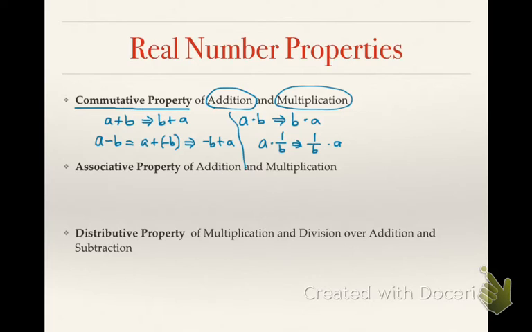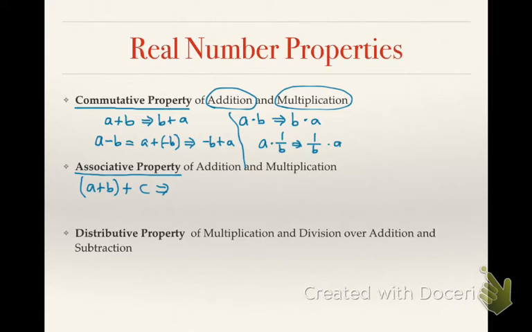The next property is the associative property of addition and multiplication. Associating means you're changing where the parentheses are in the problem. You're associating different terms with each other. So if you had something like A plus B added to C, you can associate those parentheses with different variables.